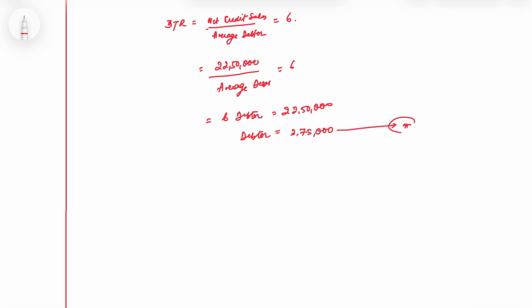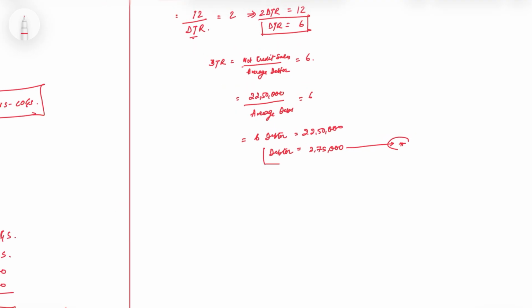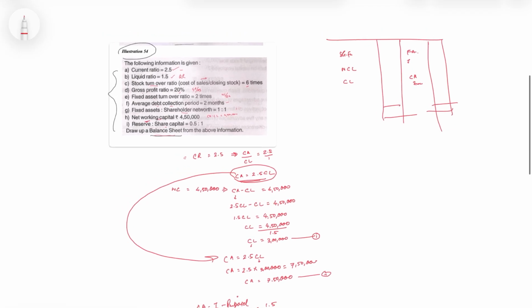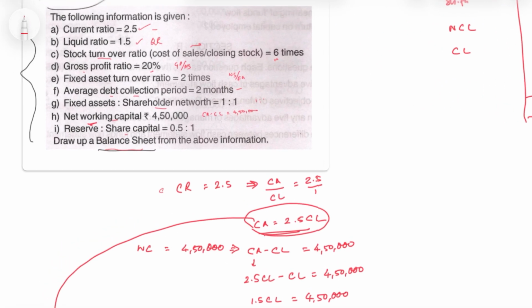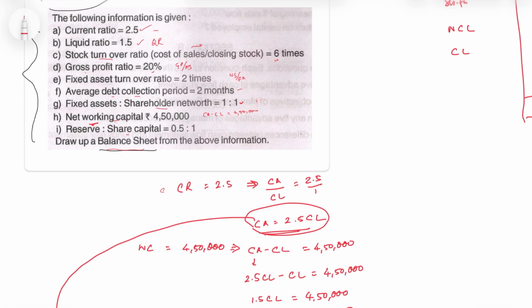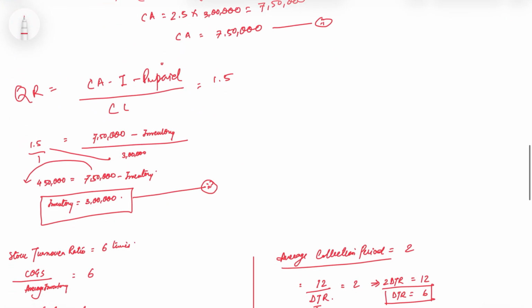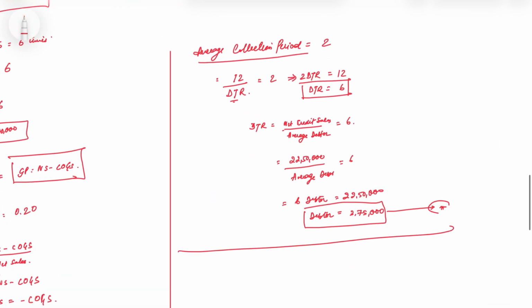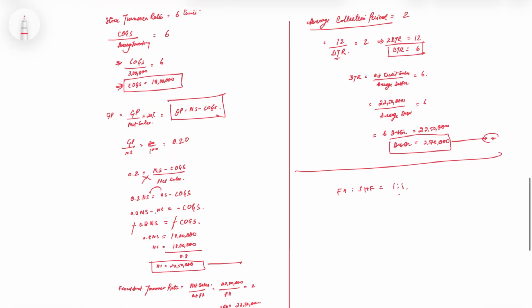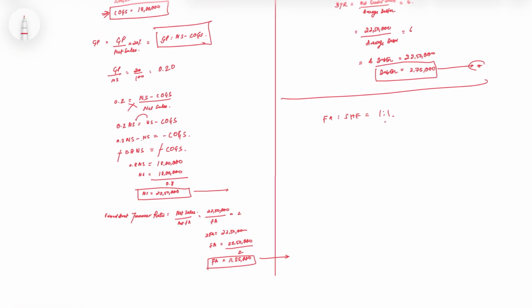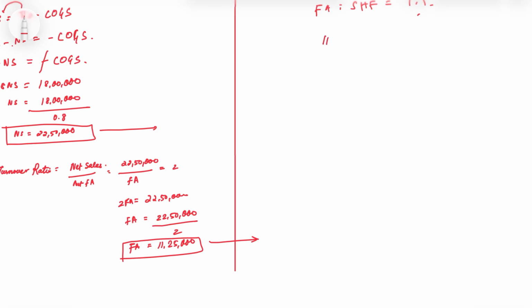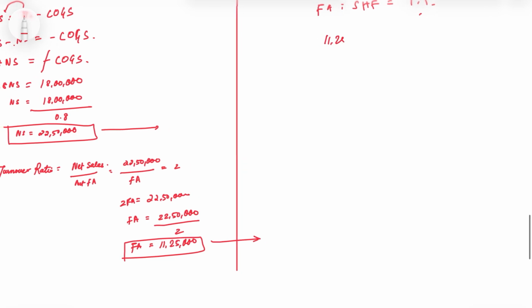Again, one more important point on the balance sheet. Fixed assets to shareholders' fund is 1:1. Fixed assets are 11 lakh 25,000.